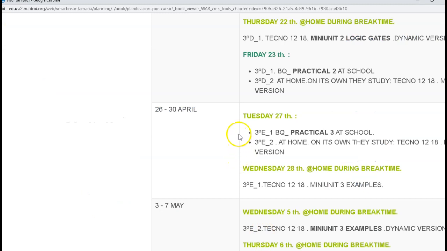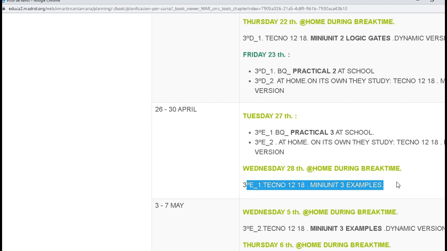So this is the planning for today. Today, what we have to cover is Mini Unit 3 examples. Some of you have already done the dynamic version, but I will explain it to you because I understand that logic gates is a unit that you really don't know what it is about.